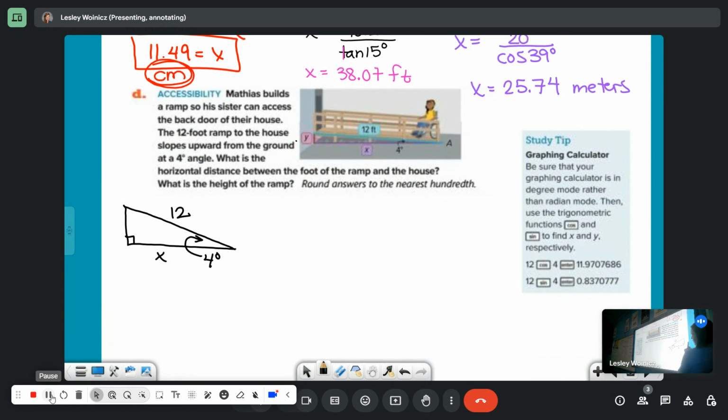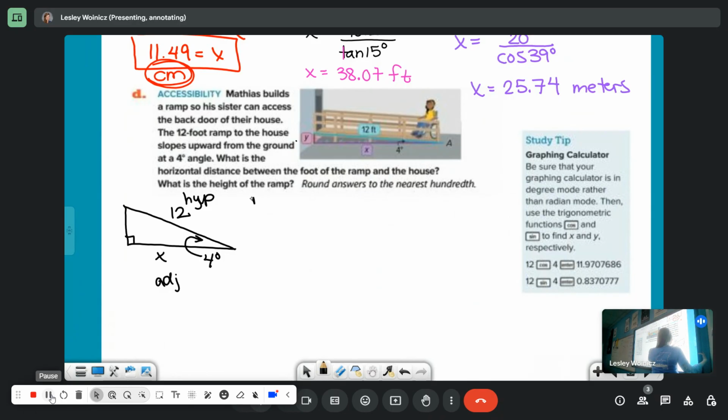All right, so with respect to the 4-degree angle, what is the x? The adjacent, and the 12 is the hypotenuse. Okay, so which of my ratios compares adjacent and hypotenuse? Yep, cosine.